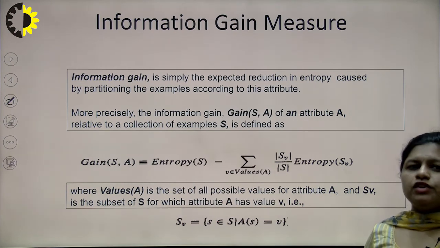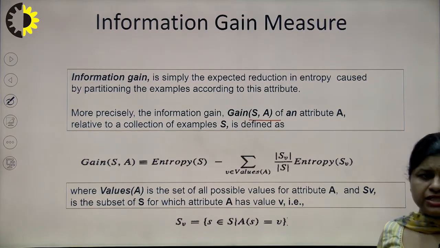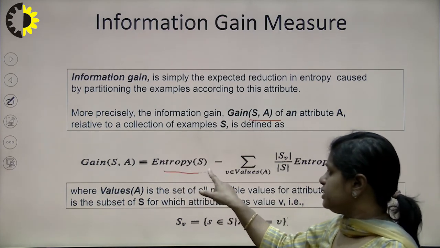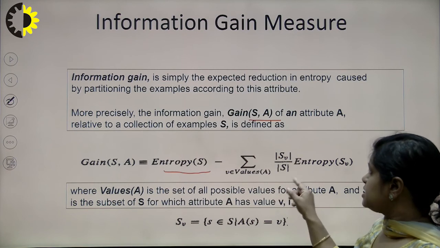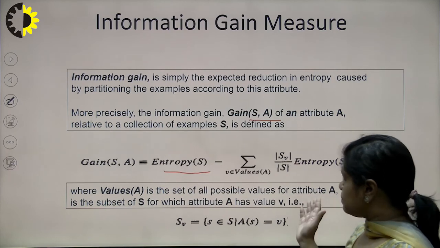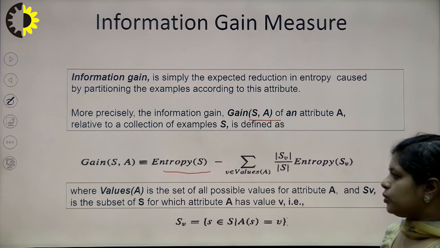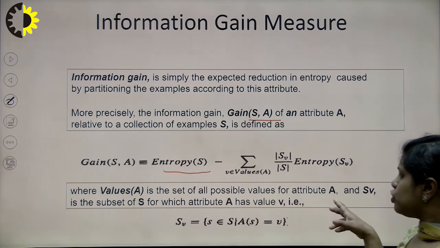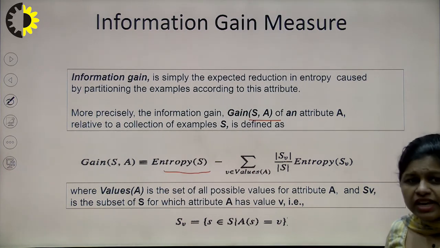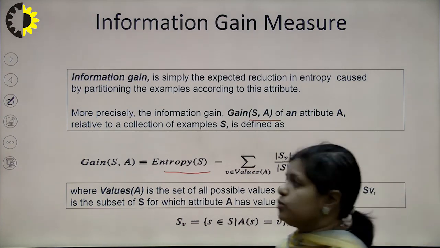More precisely, the information gain Gain(S, A), where S is the set of examples and A is the attribute, is given by this formula. We calculate the entropy of the whole data set, and we subtract the entropy of each attribute from the entropy of the data set to find out the gain of that particular attribute, where Values(A) is the set of all possible values for attribute A, and Sv denotes the subset of S for which attribute A has value v.